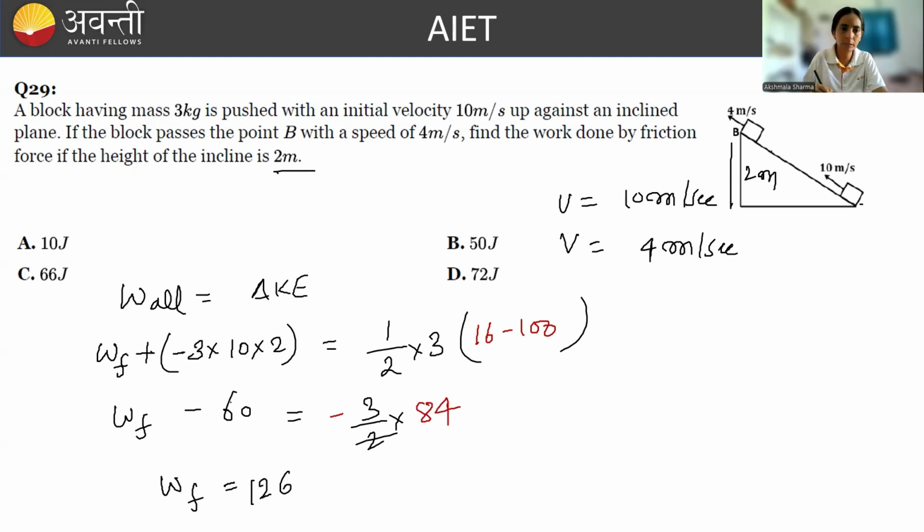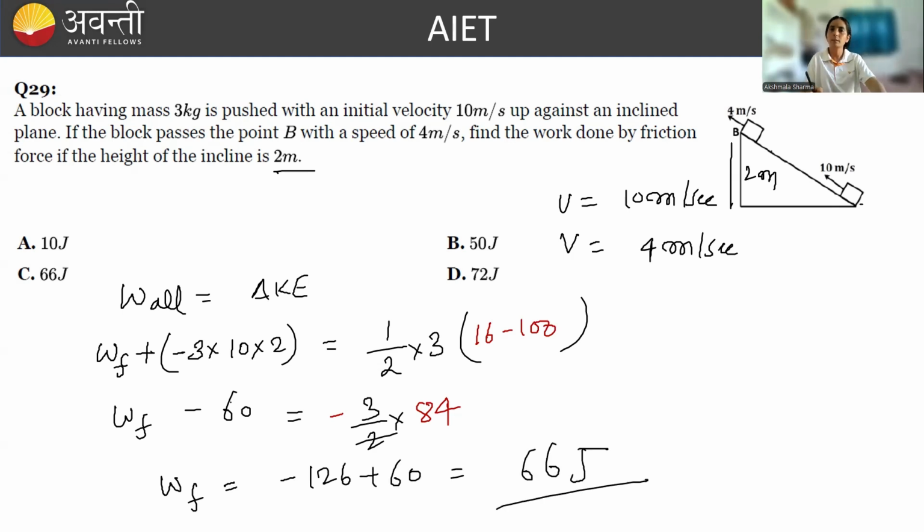So sorry, this is not going to be the answer. The answer is going to be minus 126 plus 60. Okay. So this is going to be 66. Done. So the formula used is work done by all forces is equal to change in kinetic energy. Change you have to write properly. This is kinetic energy final minus kinetic energy initial. Okay.